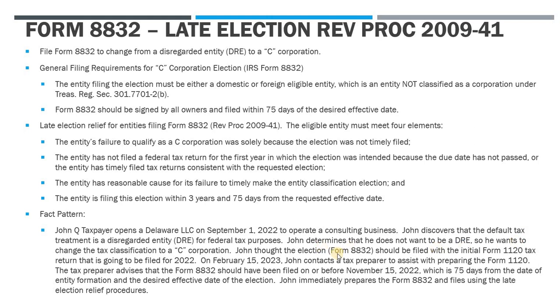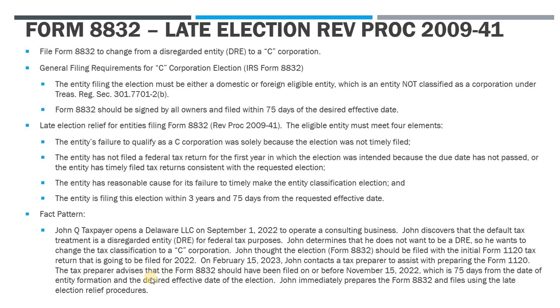Now, John mistakenly thought that the election would just be filed with the first tax return. So the initial Form 1120, that's going to be filed for 2022, I'll just do it then. So a few months go by, and on February 15, 2023, John contacts a tax preparer to assist with the filings.